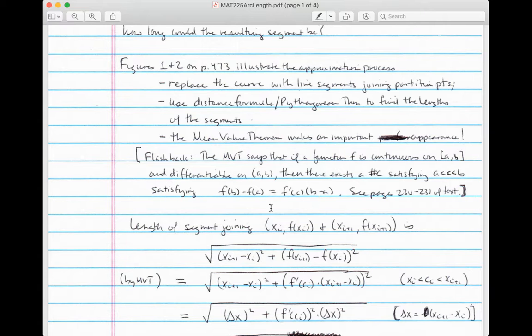You might divide both sides of this equation by b minus a, and you'll see that this side would be the slope of the tangent line, and the remaining f of b minus f of a over b minus a would be the slope of the secant line joining those 2 points. And if you need a refresher on the mean value theorem, you can look at pages 230 and 231 of your text. But we're going to use that in our simplification below.